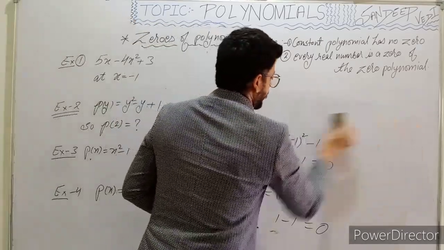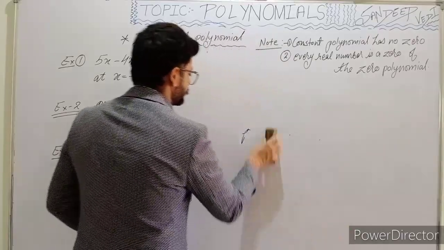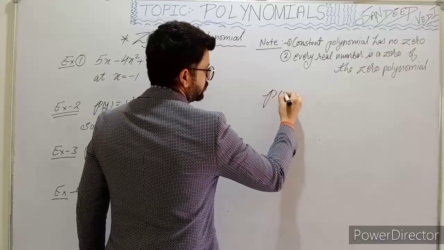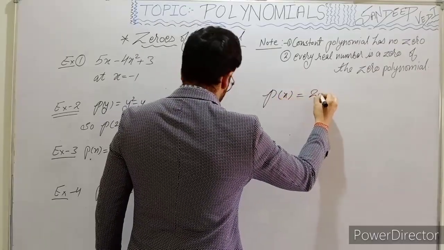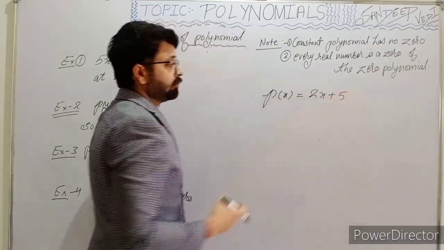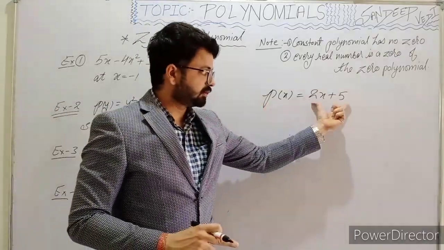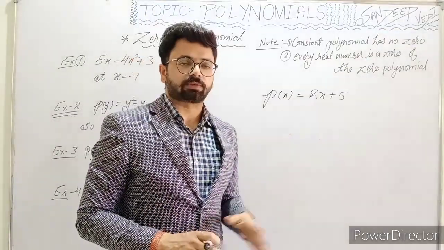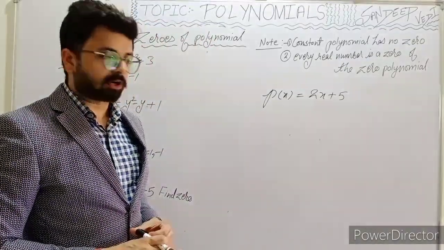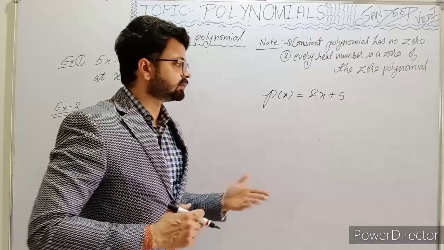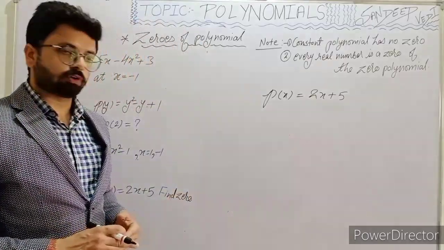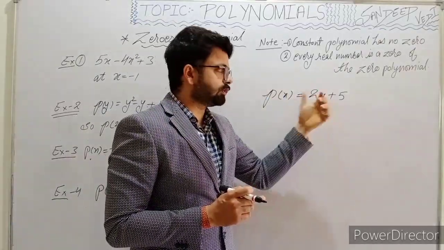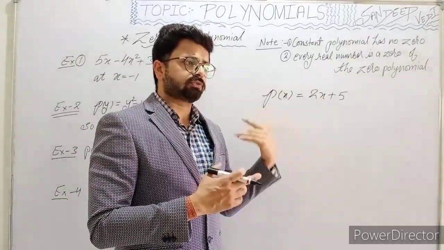Okay, next guys, in the next question it is asking to find the zero of this polynomial. Which type of polynomial is this? Linear, because the maximum power of the variable is 1. So the degree of this polynomial is 1. That's why this is a linear polynomial. How to find the zero of this polynomial? One way is to place x values 0, 1, 2, 3, 4, -1, -2.